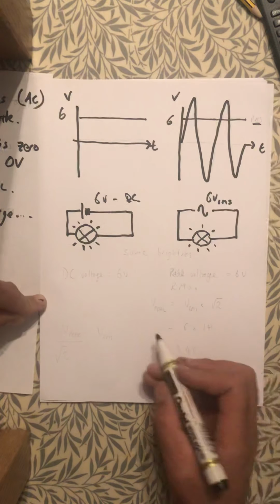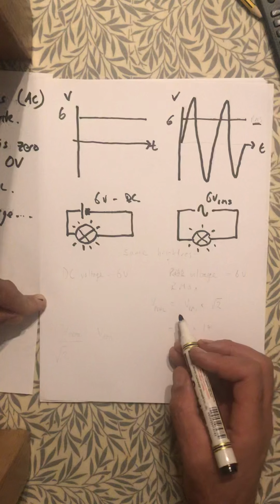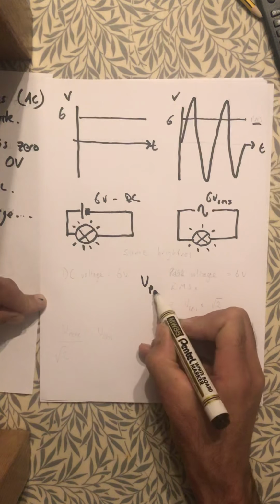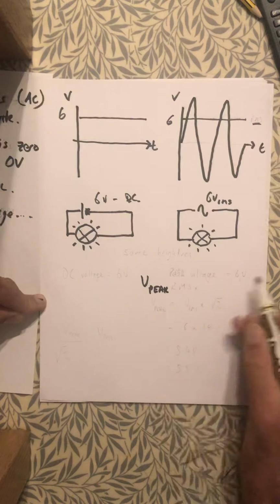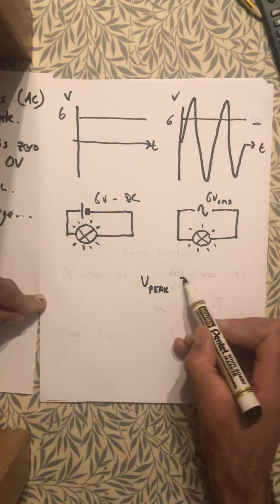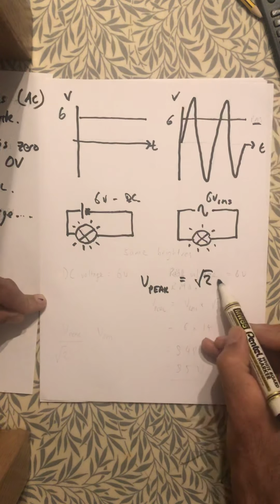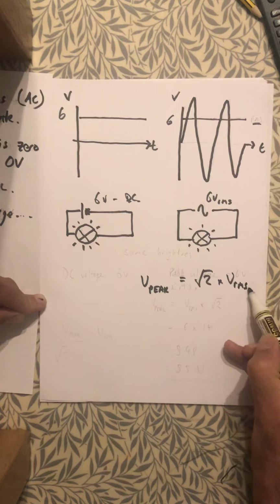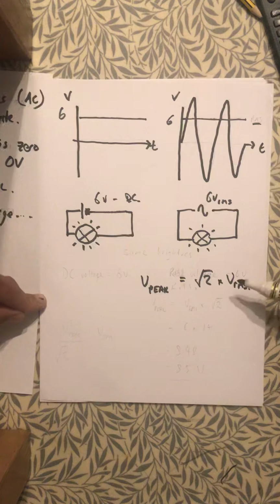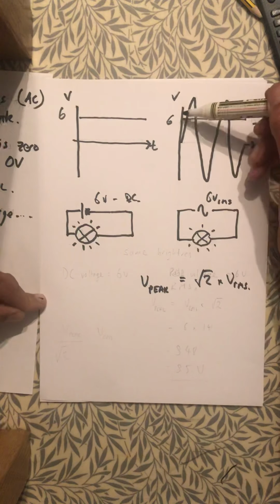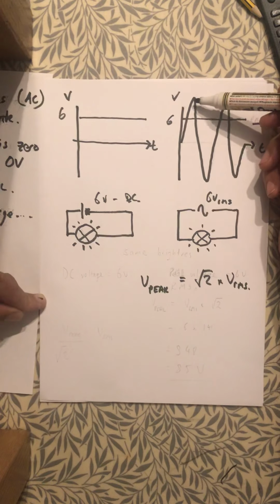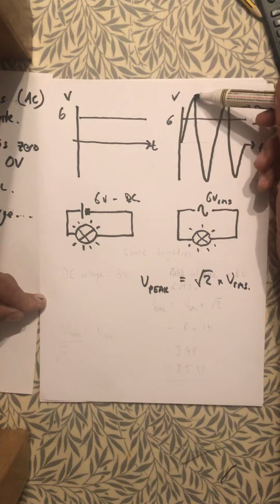So, the way you do that is the peak voltage equals root 2 times the RMS voltage. So if I want to go back here and say, okay, if the RMS voltage for this alternating current was 6 volts, then what will the peak voltage be?